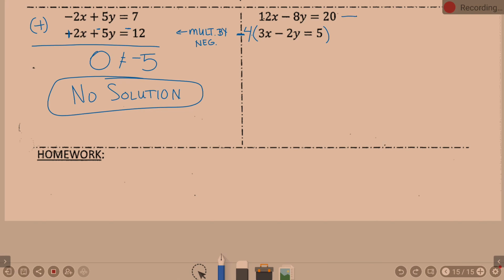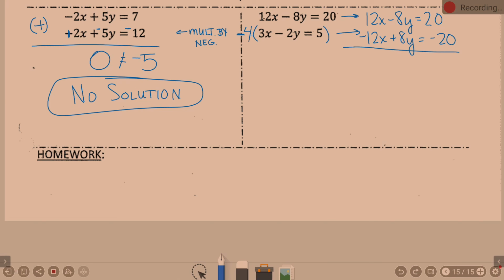And so look at what happens. I'm going to keep my top equation the same: 12x minus 8y equals 20. And I'm going to multiply my bottom one by negative 4. Here's a negative 12x plus 8y equals negative 20.